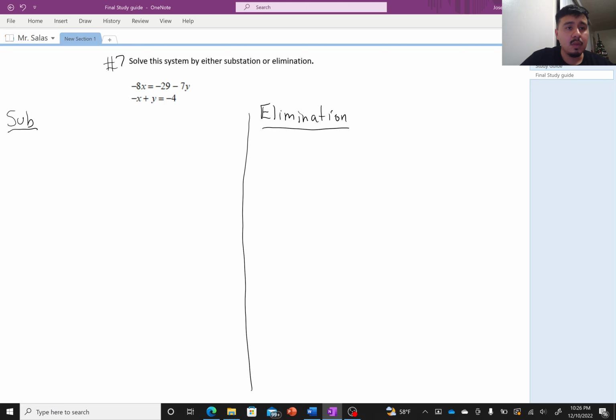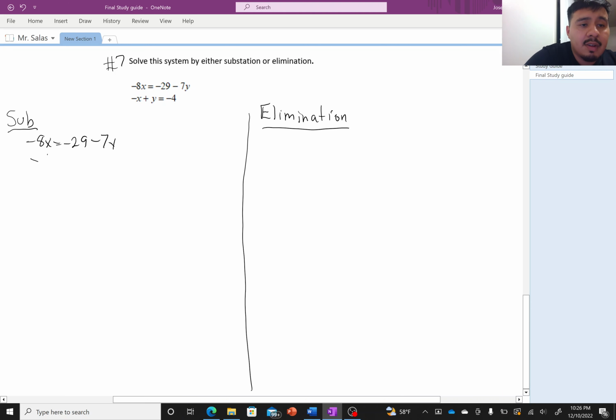So we're gonna work on the substitution one first. So first of all, I'm gonna look at my system. I'm gonna rewrite it just because I always like rewriting it. So I got negative 8x is equal to negative 29 minus 7y. All right, my next one is negative x plus y is equal to negative 4.